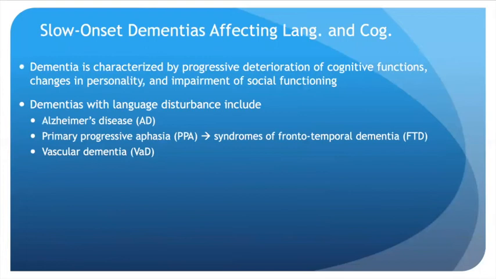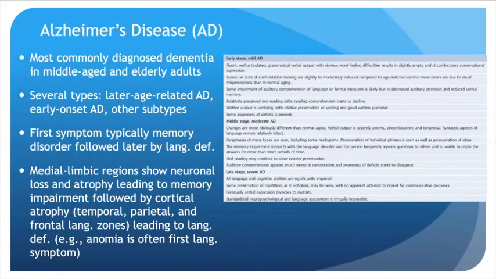So, slow onset dementia is affecting language and cognition. Dementia is characterized by progressive deterioration of cognitive functions, changes in personality, and impairment of social functioning. Dementias with language disturbance include Alzheimer's disease, primary progressive aphasia, and vascular dementia. Alzheimer's disease is the most commonly diagnosed dementia in middle aged and elderly adults. There are several types: later age related AD and early onset AD, and there are some other subtypes as well.